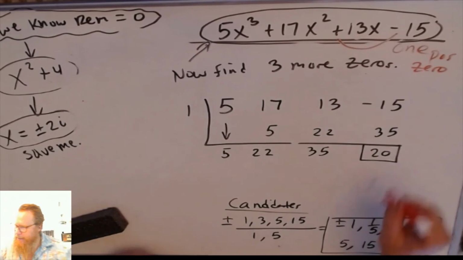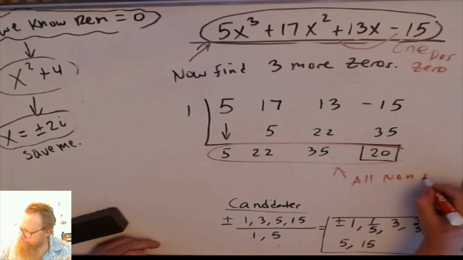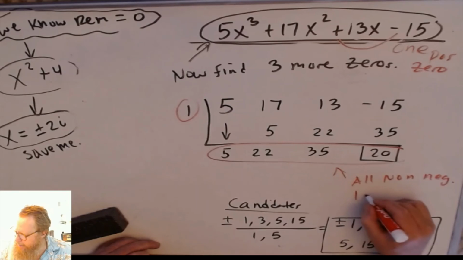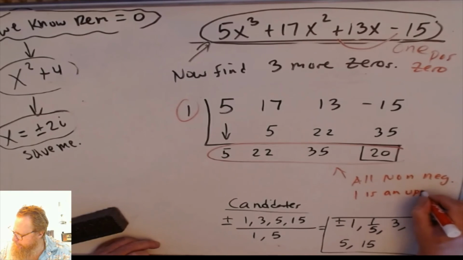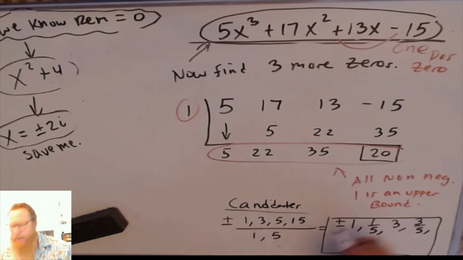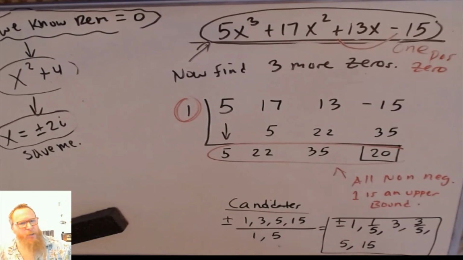Yeah. These are all non-negative. So that means 1 is an upper bound. It's always whatever you divided by, that's your upper bound. So don't go looking past 1.